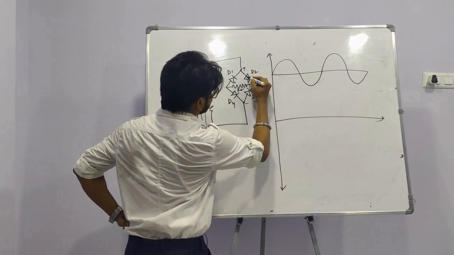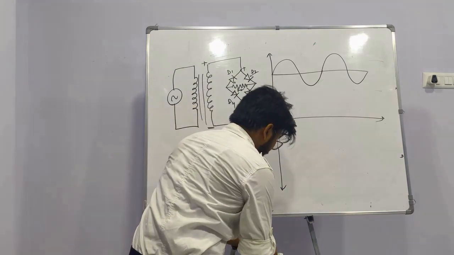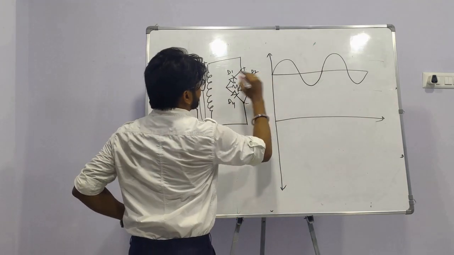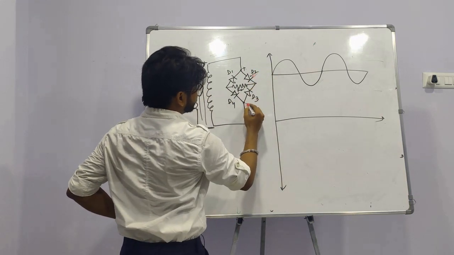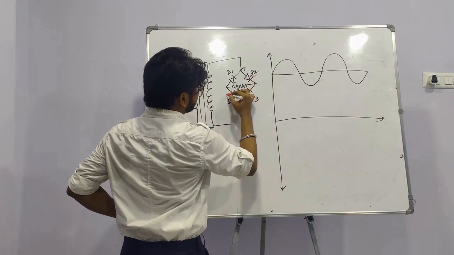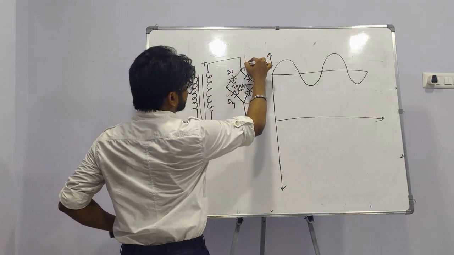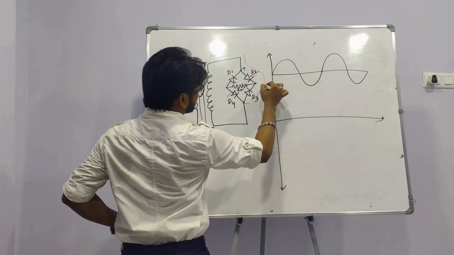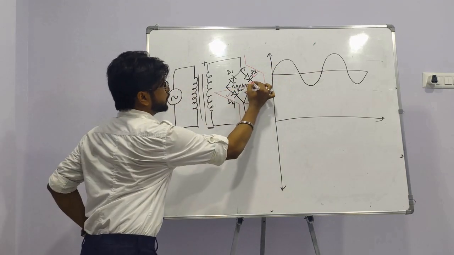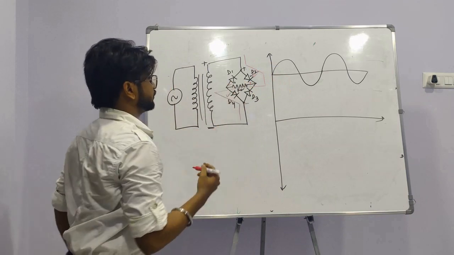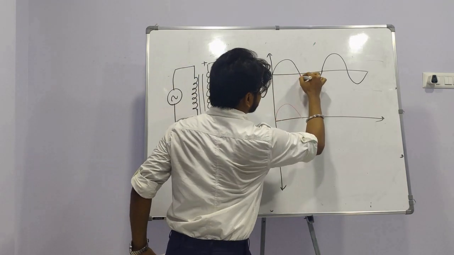For this positive, this is forward biased, and for this negative, this is also forward biased. So the current flows in this manner. So here it is positive and here it is negative. So the first half cycle is passed as it is.